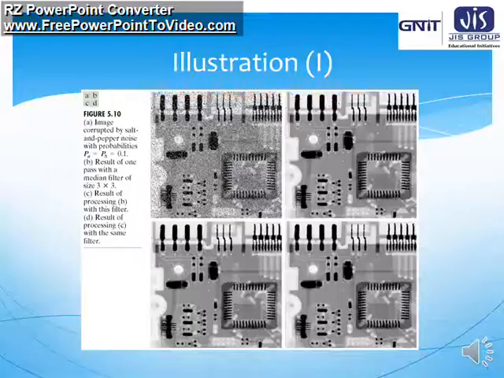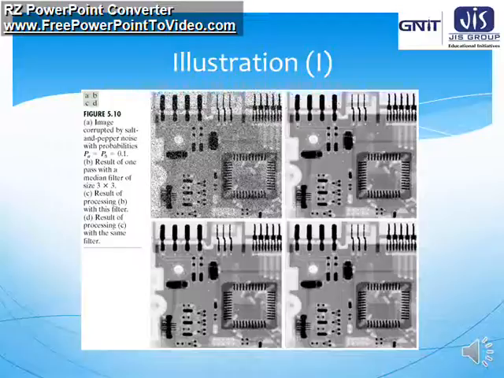That means initially image A has been given as the input image, and after using the median filter of size 3 cross 3 we get image B. Now if we use image B as the input and use the same median filter, we get the output C. And if we again use C as the input in that same median filter of size 3 cross 3, we will have the output D. So after this 3 iteration process, we can see the quality of the image is much better.